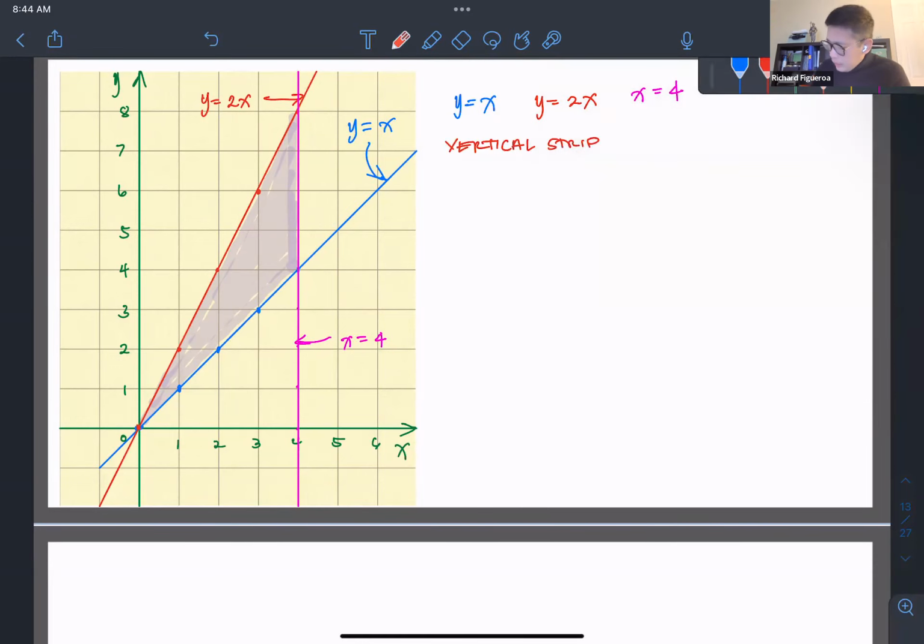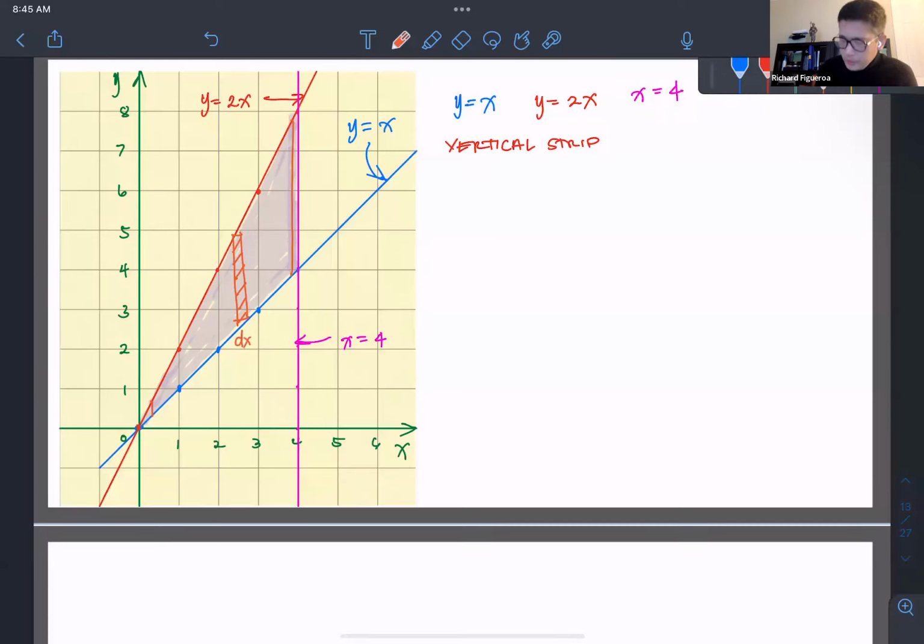So for the vertical strip, look at this: wherever you place the vertical strip, what does it touch? Even if you place it here or there, what it touches is always just the red for the upper and the blue for the lower. So try to imagine and animate the strip moving from left to right. The strip will touch the red for the upper, then the blue one for the lower.